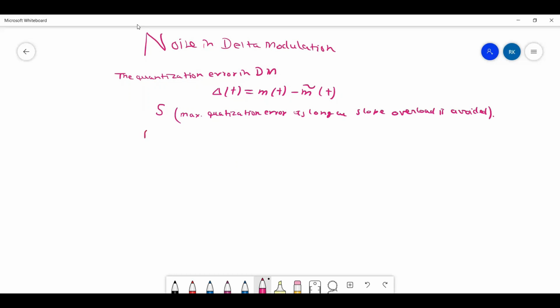Now assume that this delta t, this quantization error, takes on all values between a particular voltage level, let's say minus S and plus S with equal likelihood. I should state this explicitly that this assumption is with equal likelihood.